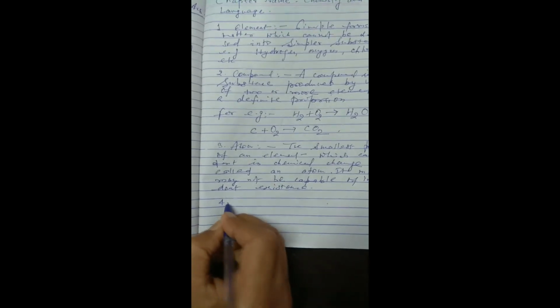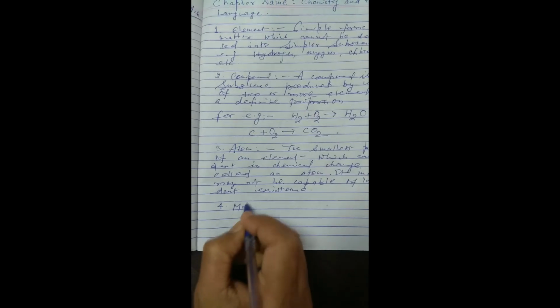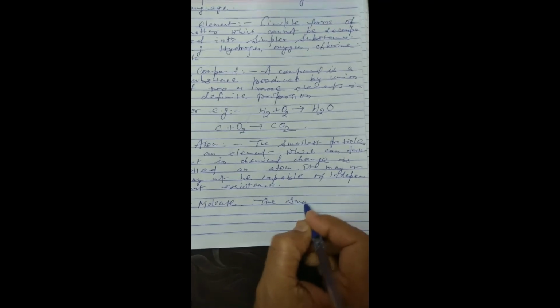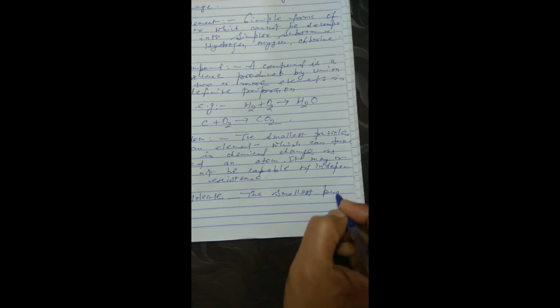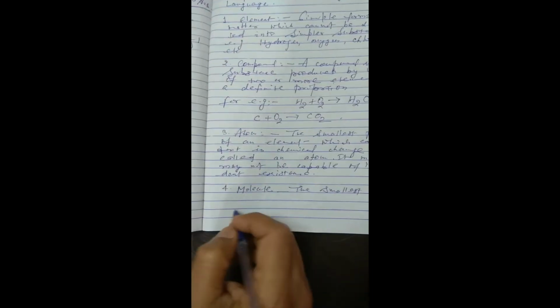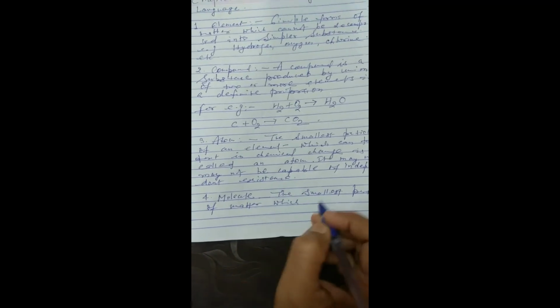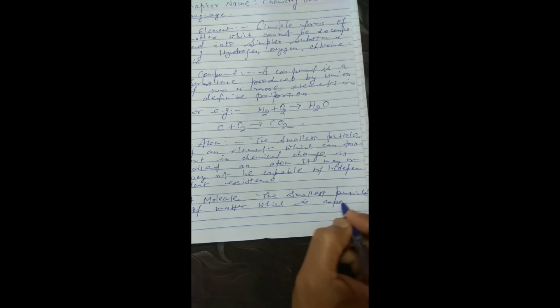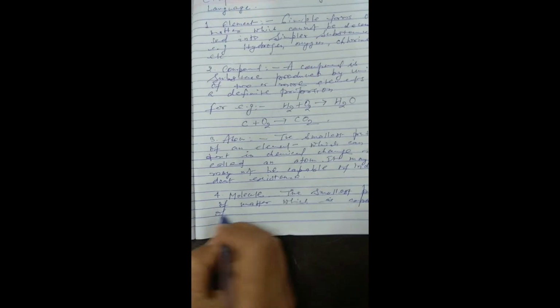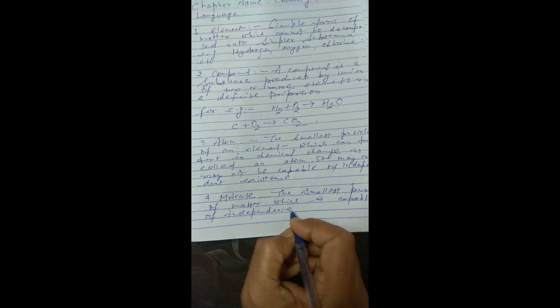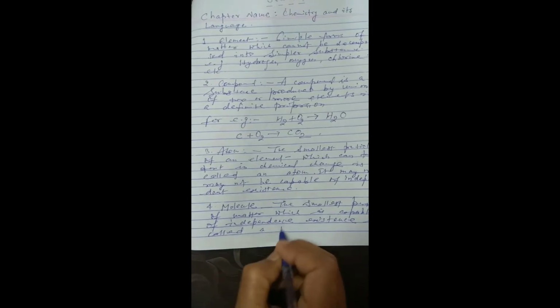Next technical term is molecule. The smallest particle of matter which is capable of independent existence is called a molecule.